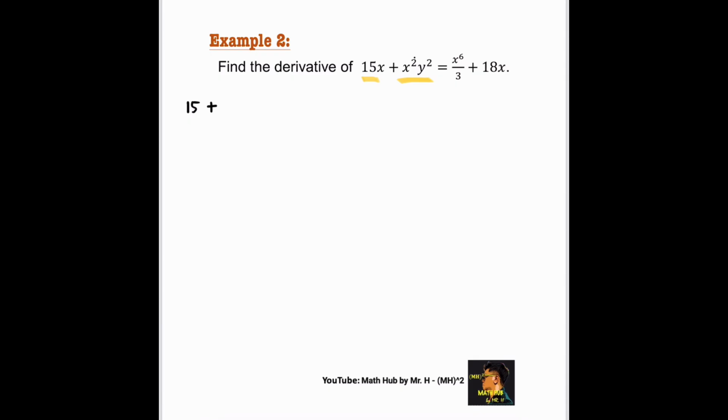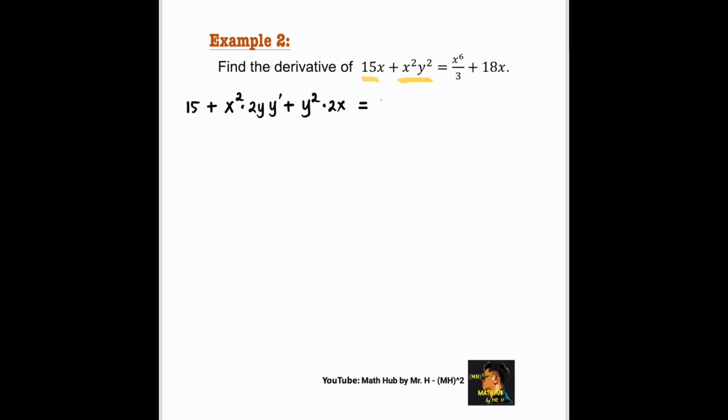We take the first factor, which is x squared, and then we get the derivative of y squared. So derivative of y squared is 2y y prime, plus we take the second factor, which is y squared, times the derivative of the first factor, which is 2x.